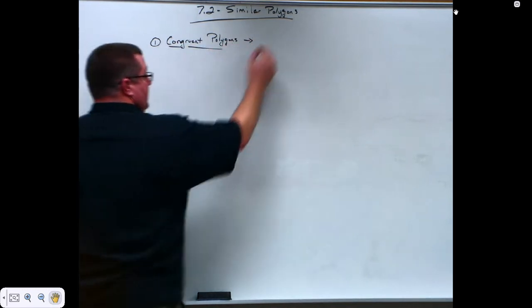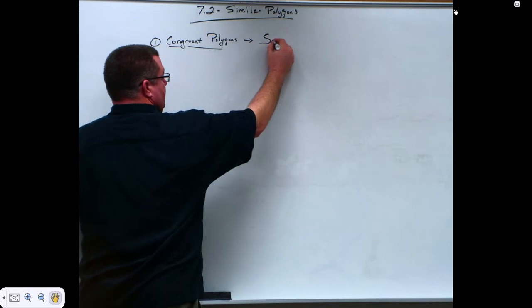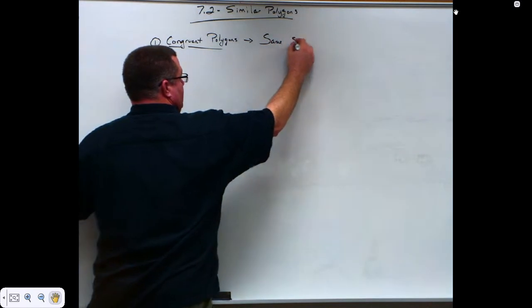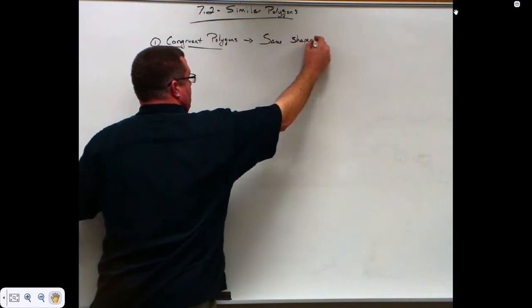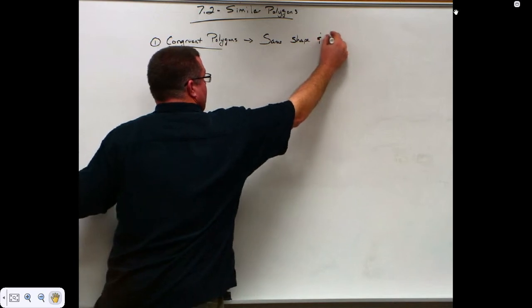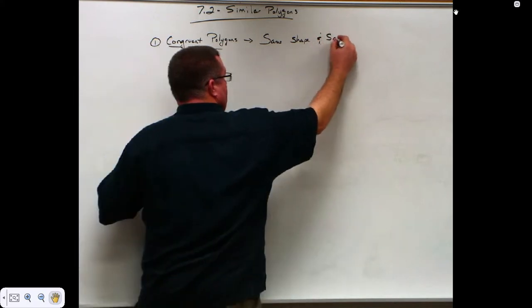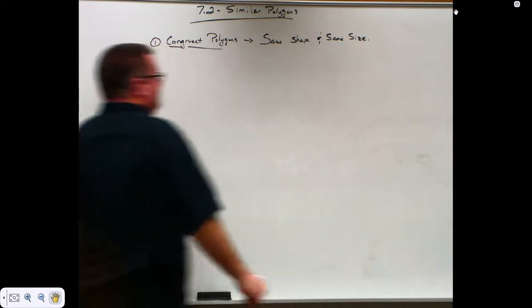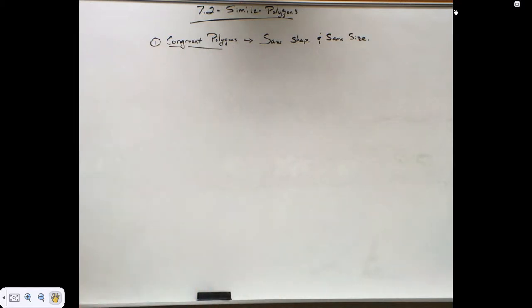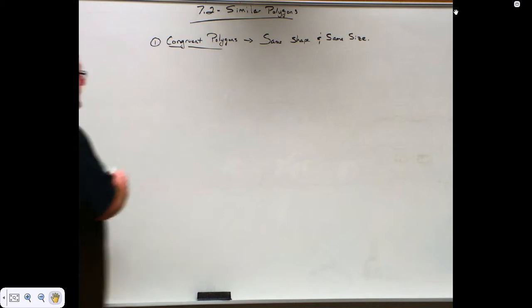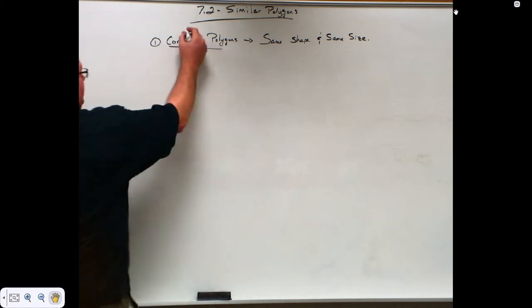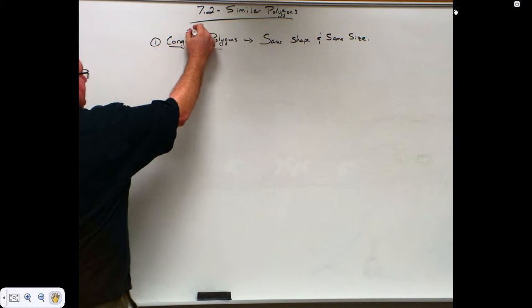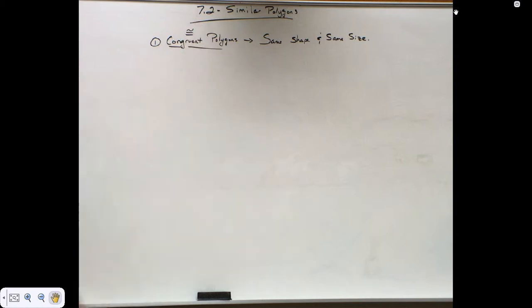There were two polygons that were the same shape and same size. What was our sign for congruent? An equal sign with a squiggly on the top.